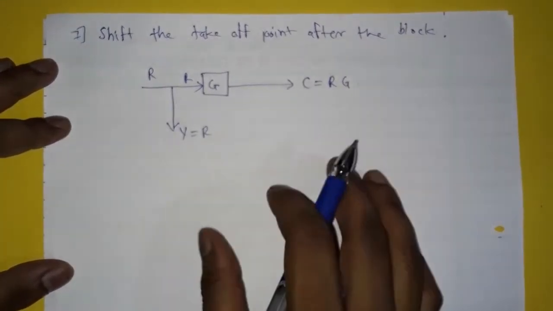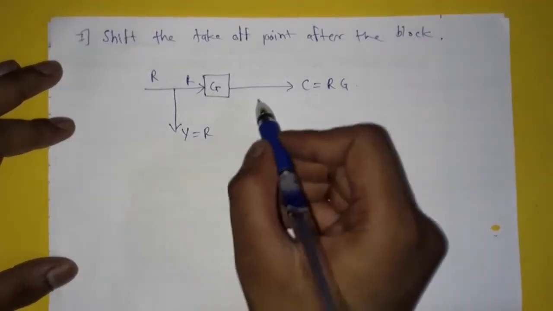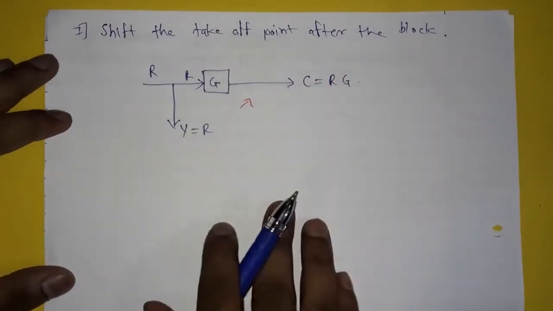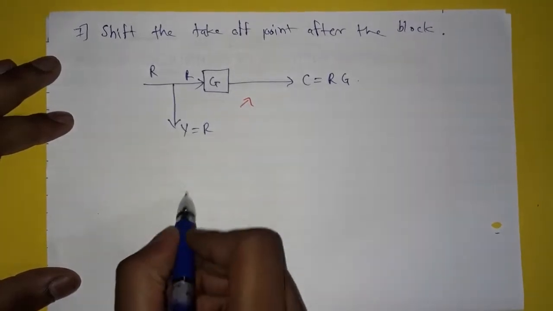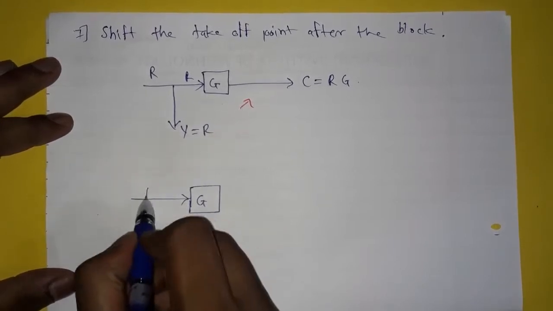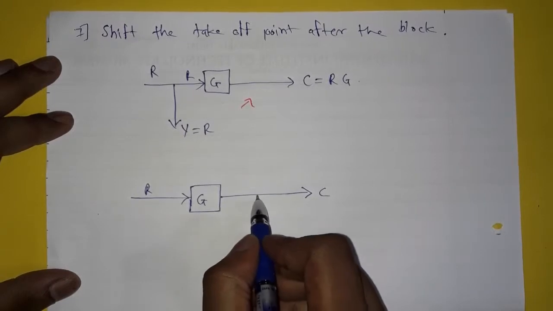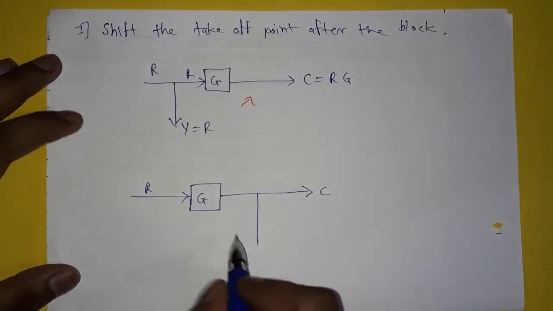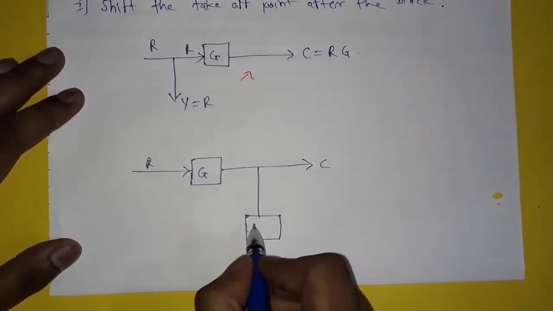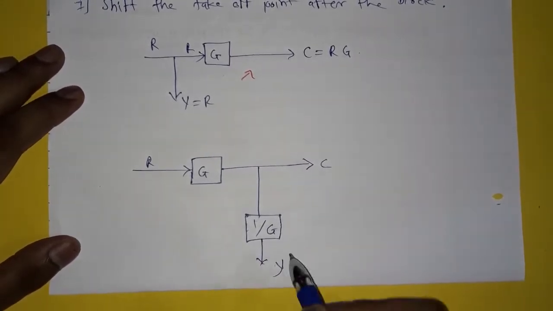Here if we shift the takeoff point after the block, that is here, then see what will happen. Here this is our block G, this is R and this is C. If we move this takeoff point here after the block, we need to add a block 1 upon G, and this is Y here.